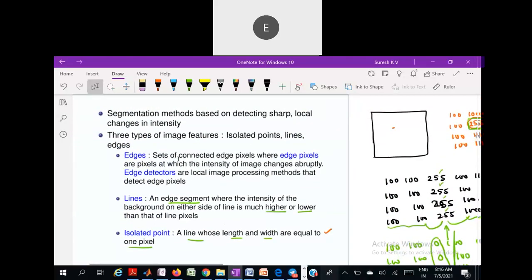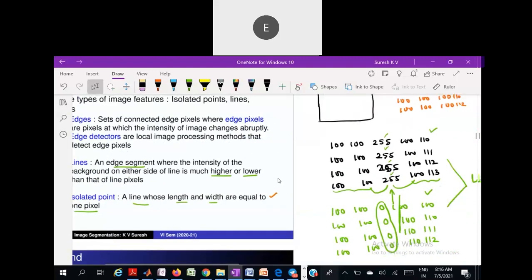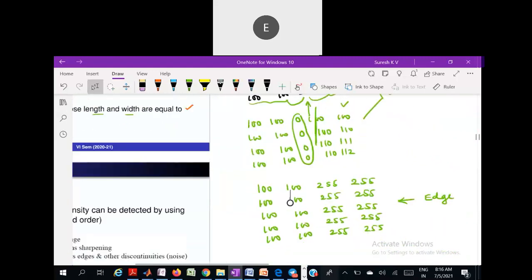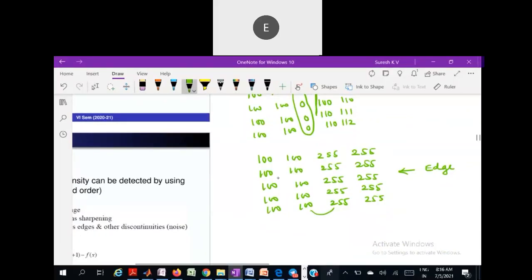Edges are sets of connected edge pixels, where these edge pixels are pixels at which the intensity of the image changes abruptly. Just observe here, the intensity has changed abruptly. In a line, what would happen is these values will also be similar to this. That means only this particular line has higher values or lower values, whereas the neighbors here will have almost the same values.